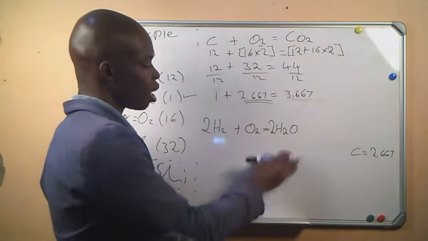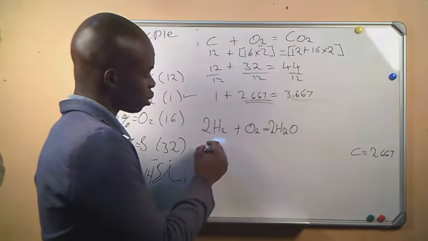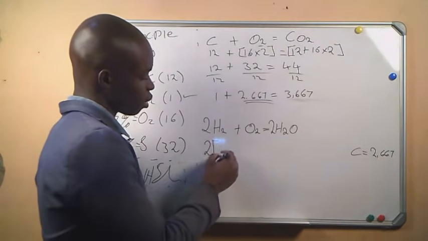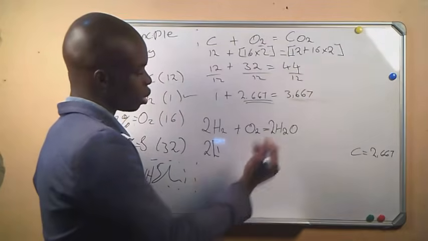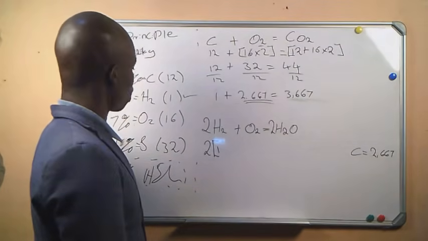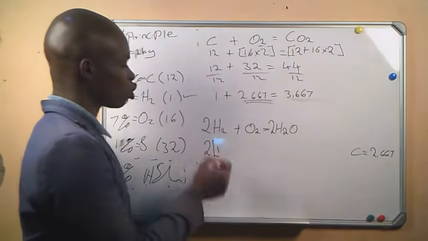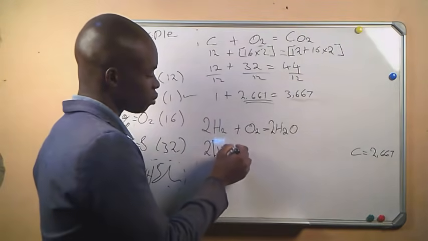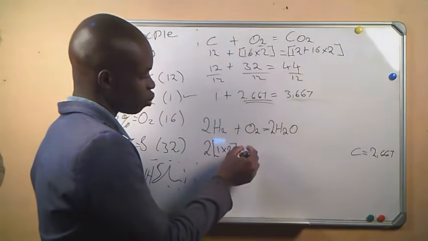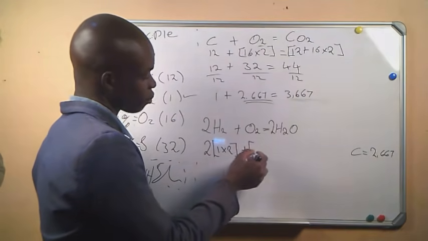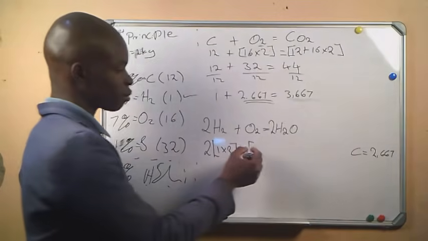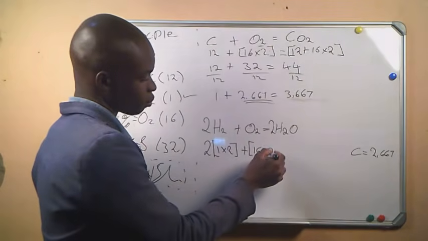And then from here we can continue and substitute. We know that the atomic mass of hydrogen is 1 times 2, which is this 2, plus the oxygen, 16 times 2.